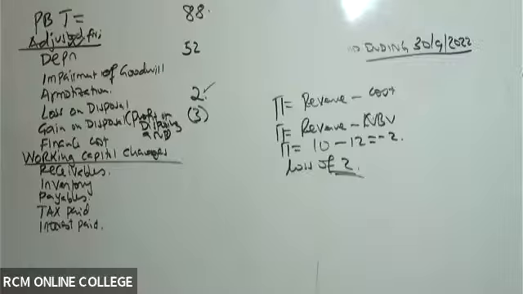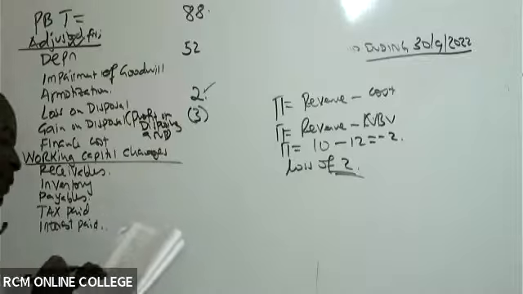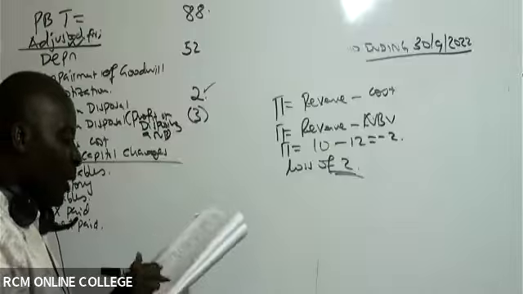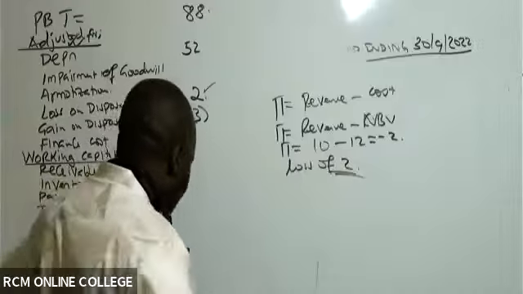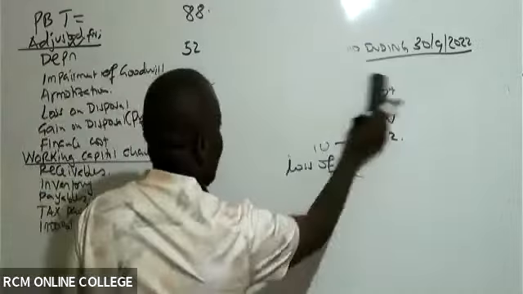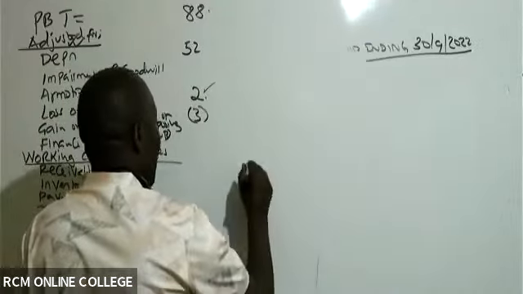Ladies and gentlemen, once you reach here, you've been able to do very many things from your notes and the accounts. Now, you go straight away to your income statement where you are able to see profit before tax.